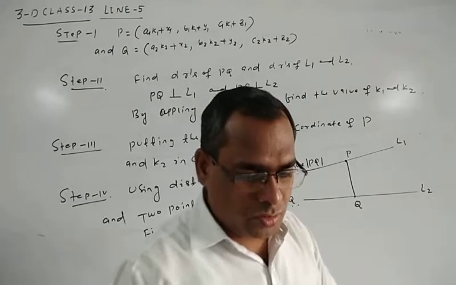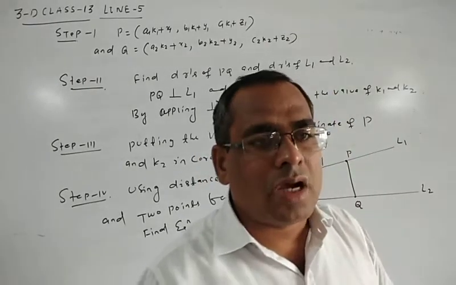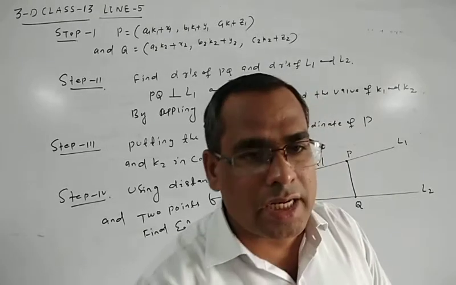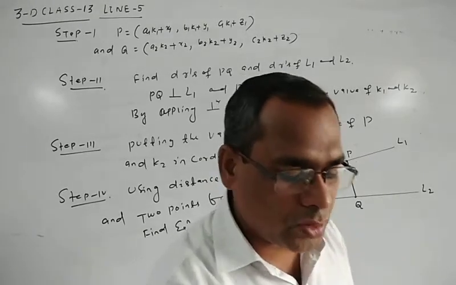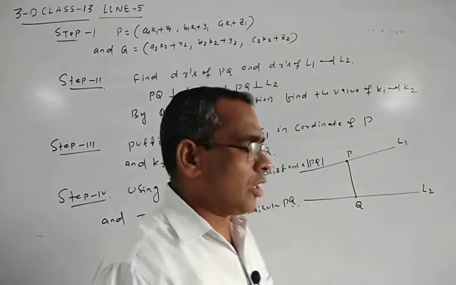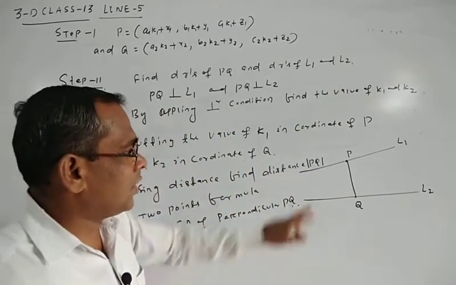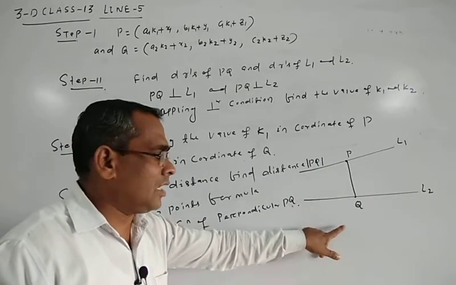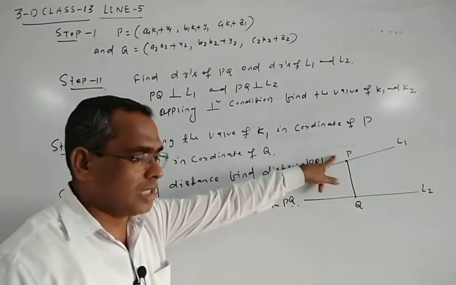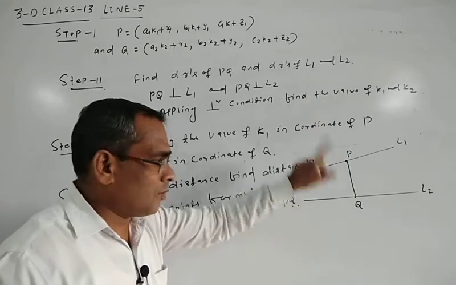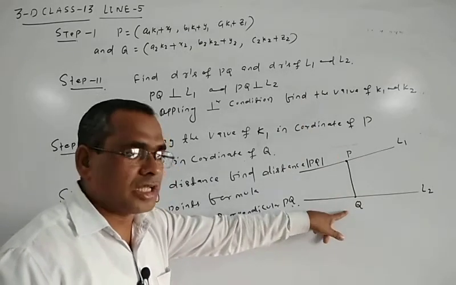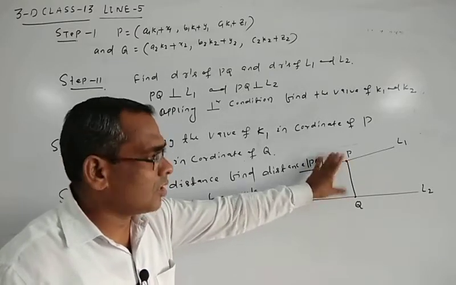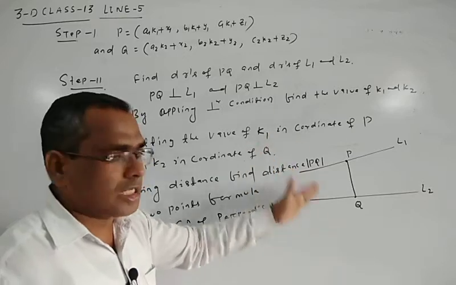So you know how to find the perpendicular distance between two skew lines and the equation of the perpendicular. First you have to take any point of the first line, let it be P, and any point of the second line, let it be Q. Then find the direction ratio of PQ, direction ratio of L1 and direction ratio of L2.